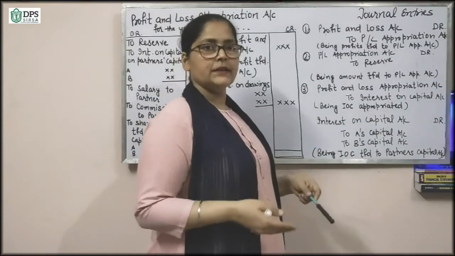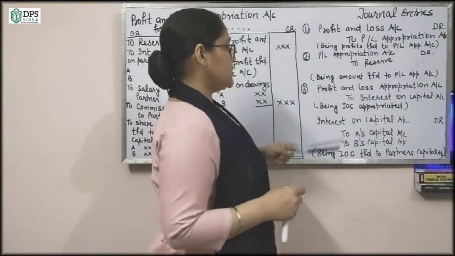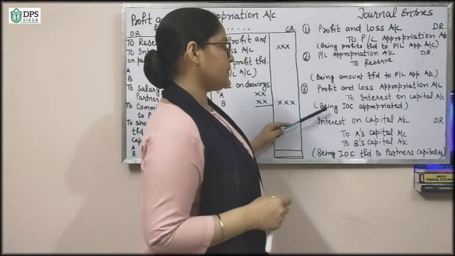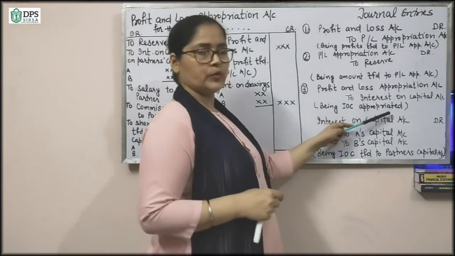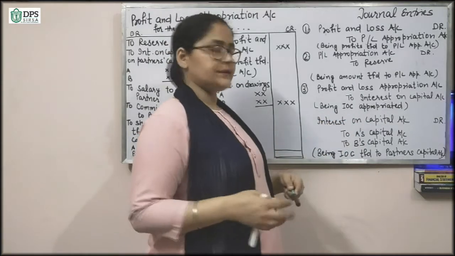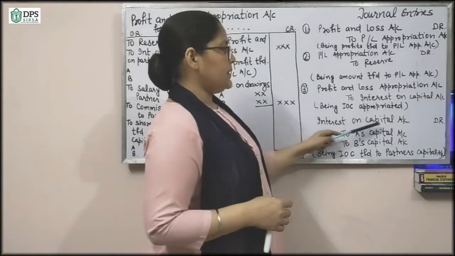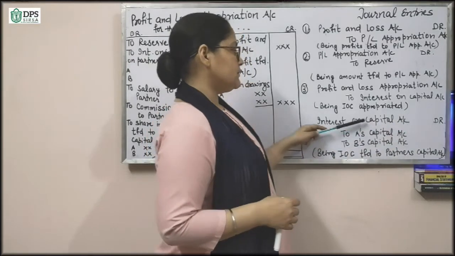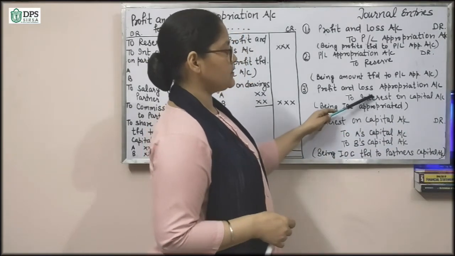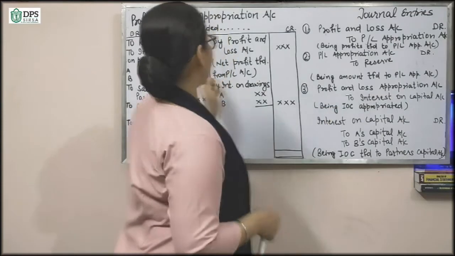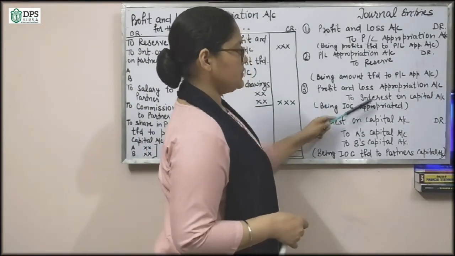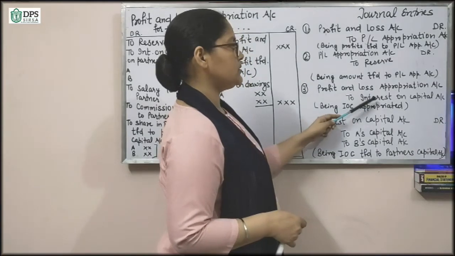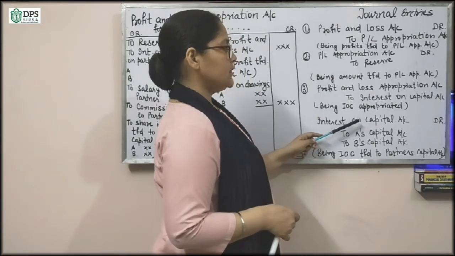We are providing interest on capital. You can write the narration: being interest on capital appropriated or provided. Interest on capital account is debit because at the end of the year we want to close this account.